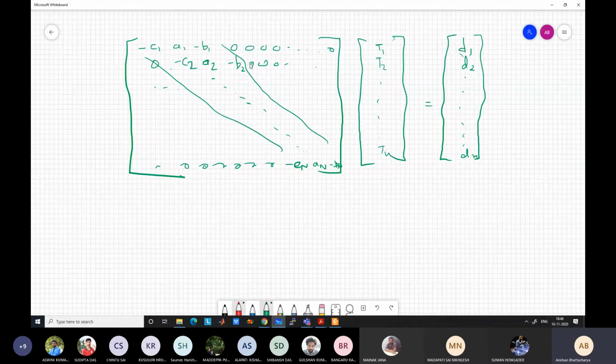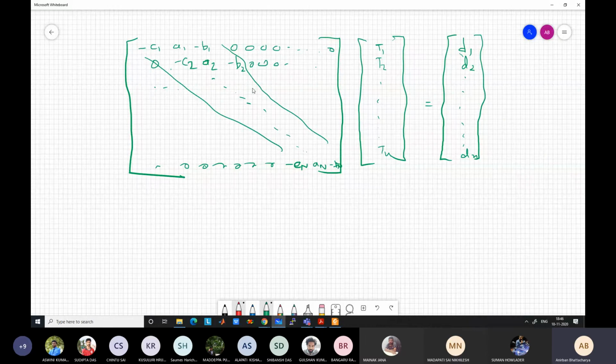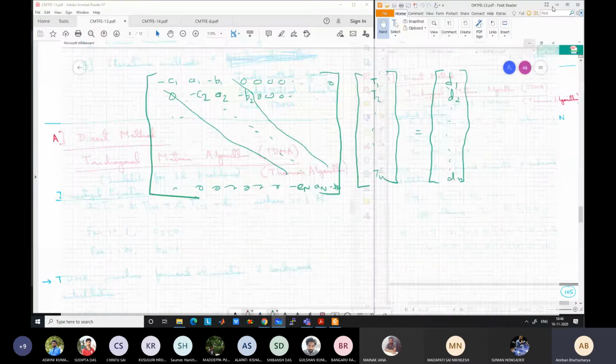It can be designed for more complex problems also, but it becomes very cumbersome. Because it's a very sparse matrix, the solution time is also very efficient. We are utilizing the nature of the matrix, that it is very sparse, to do this forward marching in the I direction and then backward substitution.